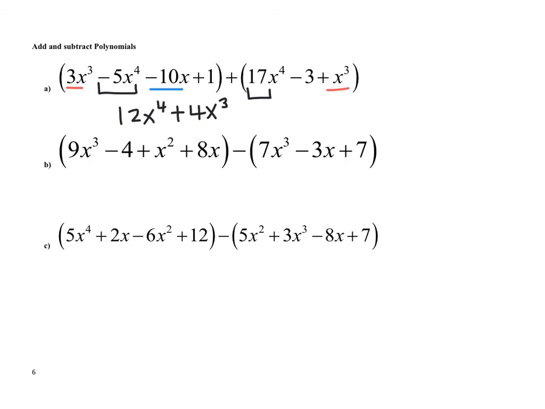So, and remember this is negative 10x, so that's going to be negative 10x. And what else do I have? And I have negative 3, and that's the final answer right there. And it's good to check it, make sure everything is okay.